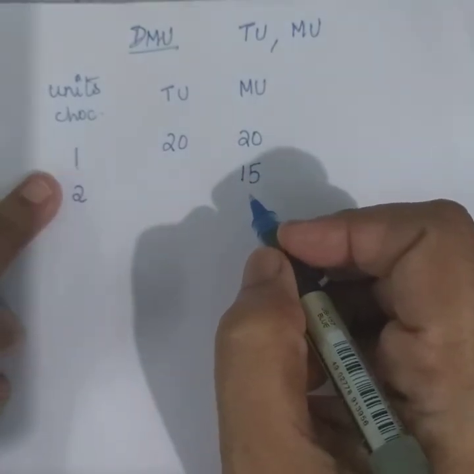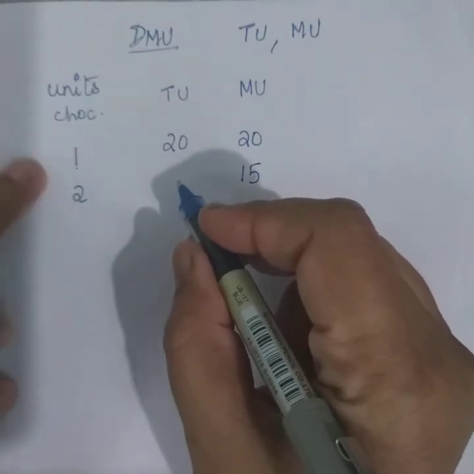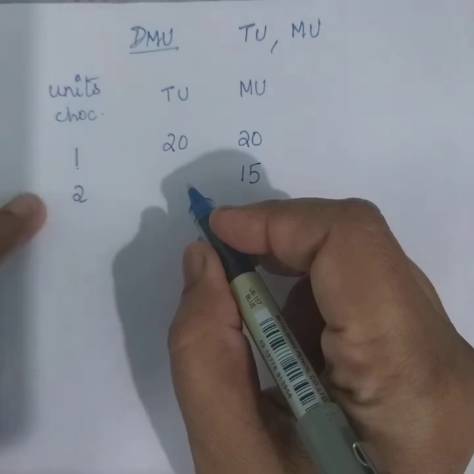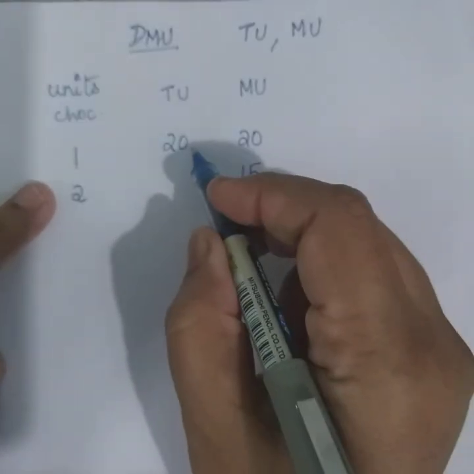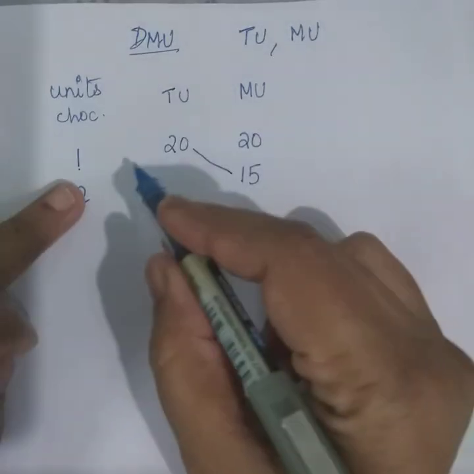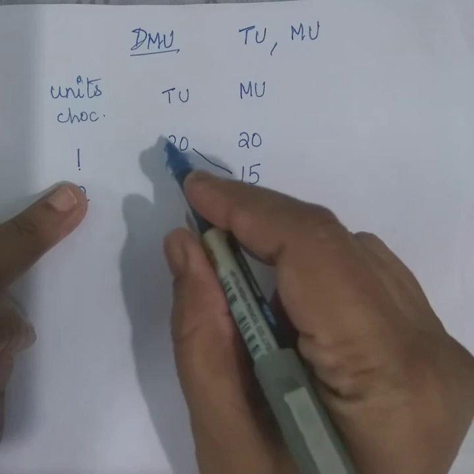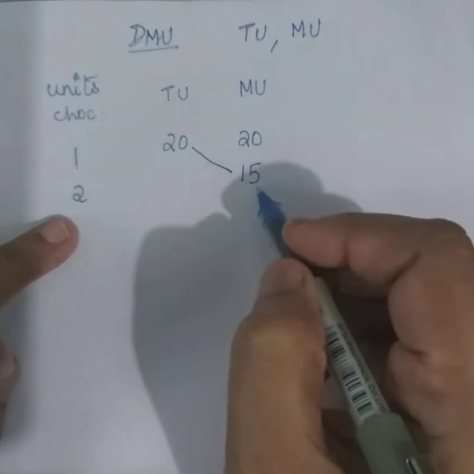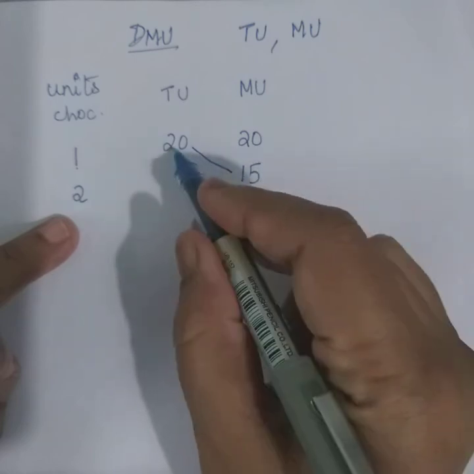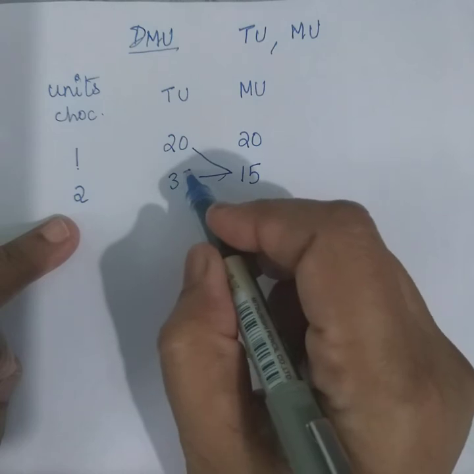So the total utility of consuming 2 units of chocolate will be 20 plus 15: the utility derived from the first unit is 20 and the second unit gives 15, so that would be 35.